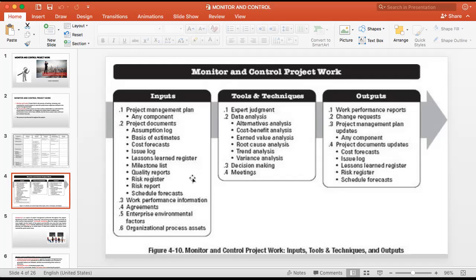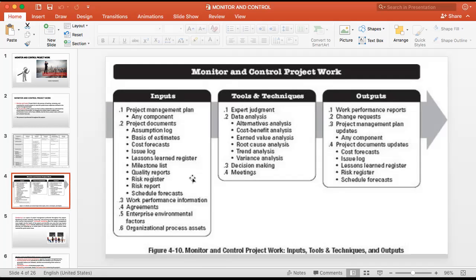So your cost forecast, schedule forecast, and other outputs of these subsidiary management processes are considered as input to this monitoring and control process in the project integration management. So we are going to look at it in an integrated manner and consolidate all these processes.